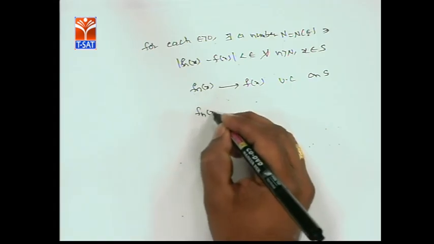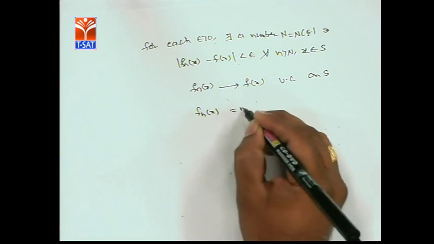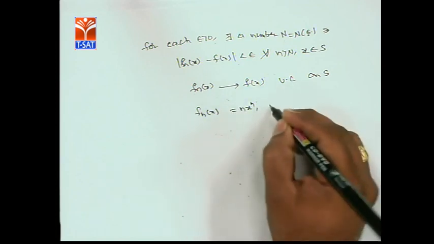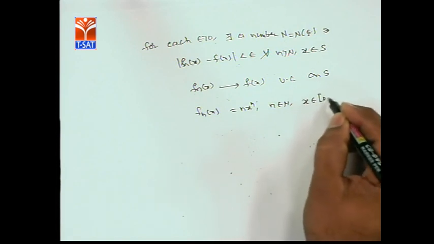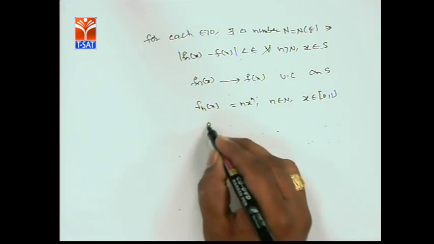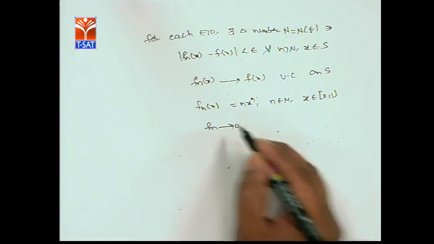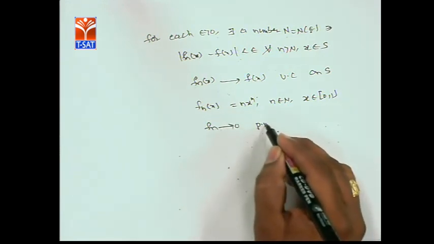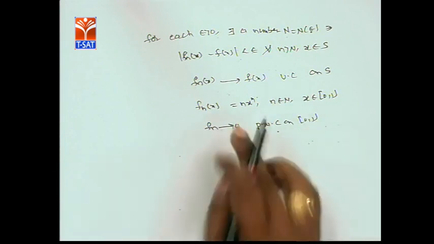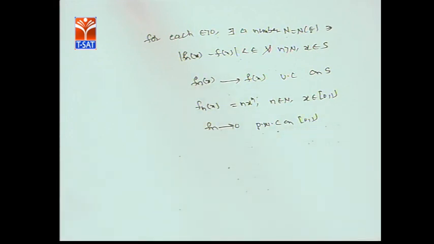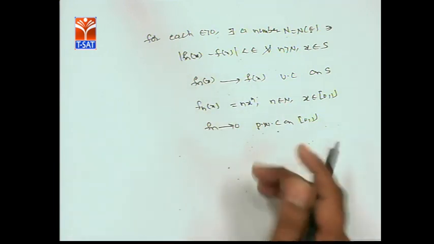Now, suppose the example is fn(x) equal to n x to the power of n, n belongs to N, x belongs to [0,1). Here fn converges to 0 pointwise on [0,1), we know this. Now, is it uniformly convergent or not?